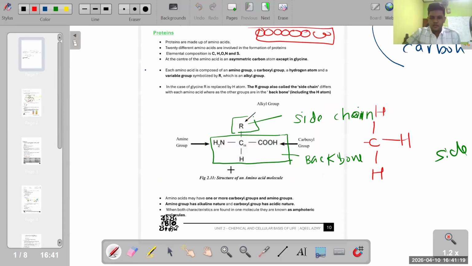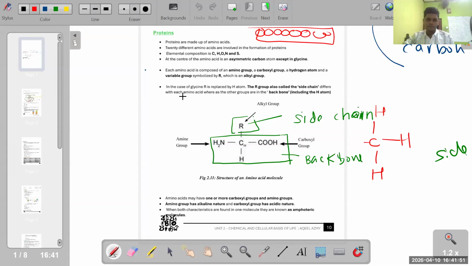See here. What are the components present in a backbone? By seeing this, at least drop a message. Carboxyl group, hydrogen atom, amino group. What is present in a side chain? Alkyl group, R group, or variable group. Right? Very good. So in the backbone, how many components are present?